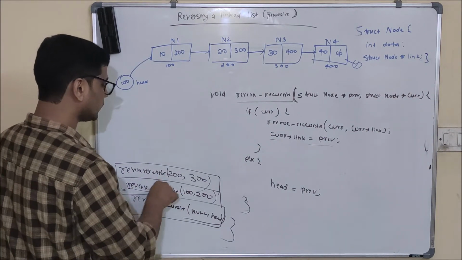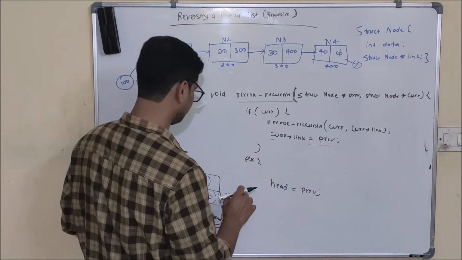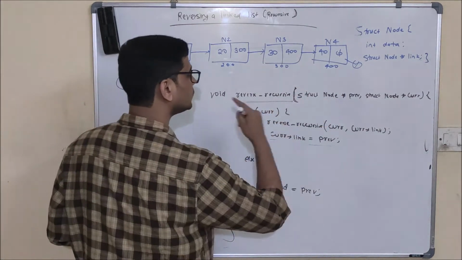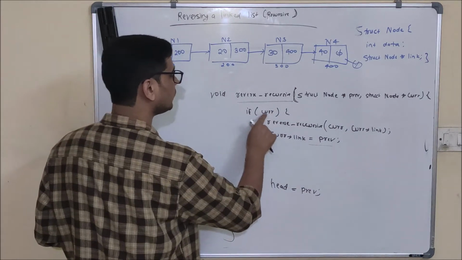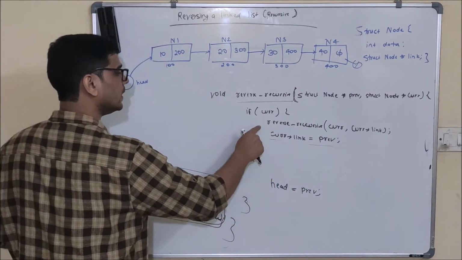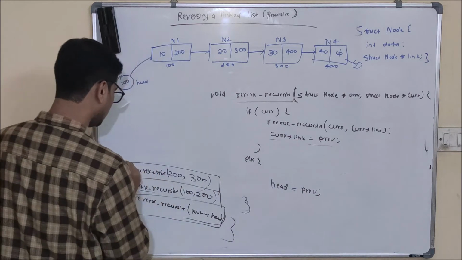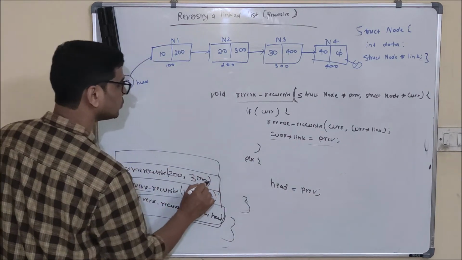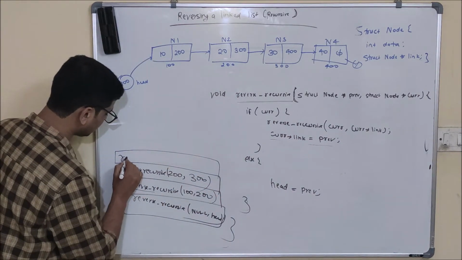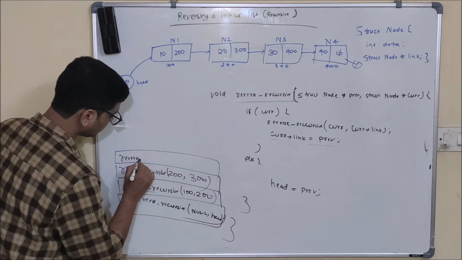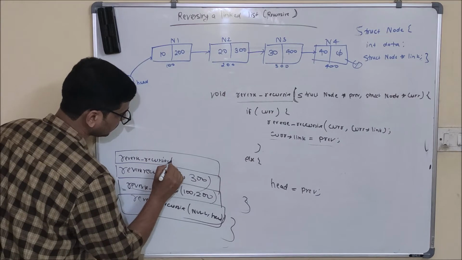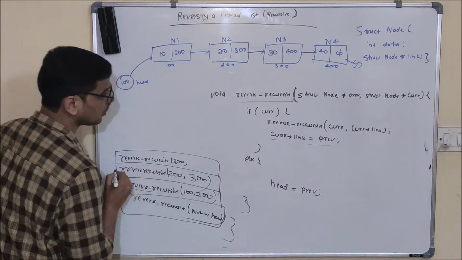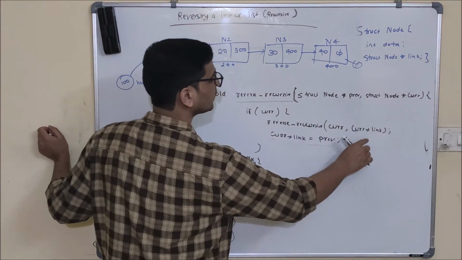Once this function call is made, it will come for execution, and here current is equal to 300. So if current is true, it will execute this line and again make a function call to reverse recursive 300 comma current dot link.